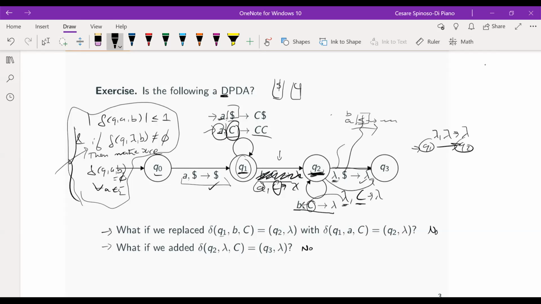But essentially, if you have something at the top of your stack and you can either read something or read nothing, meaning you can either read nothing or read something, then that's not deterministic.